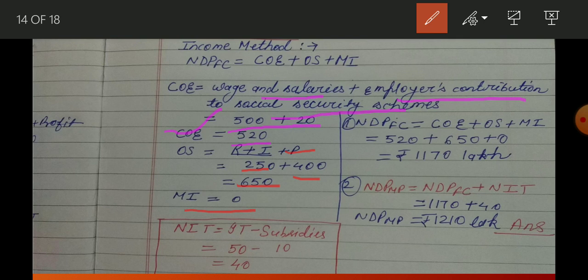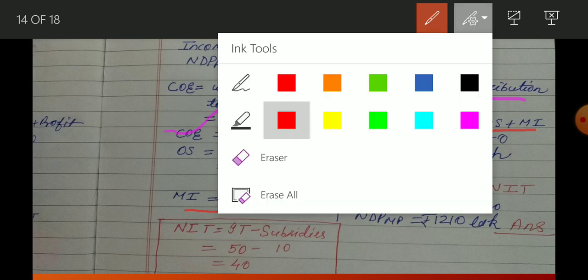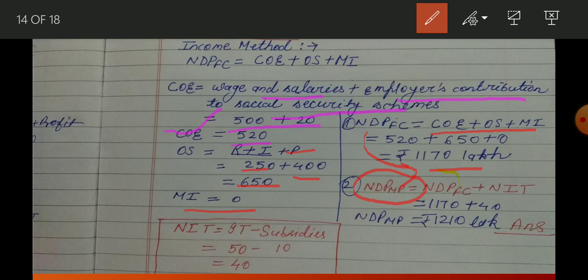Now when we put all these values in this equation, we get the value of NDP/FC, which is equal to 1170 lakh. And the question is what to find out? We have to find out NDP/MP. Whenever we are moving from FC to MP, we have to add NIT. Now the value of NIT is not given in the question, so we have to find out the value of NIT. How do we find it?